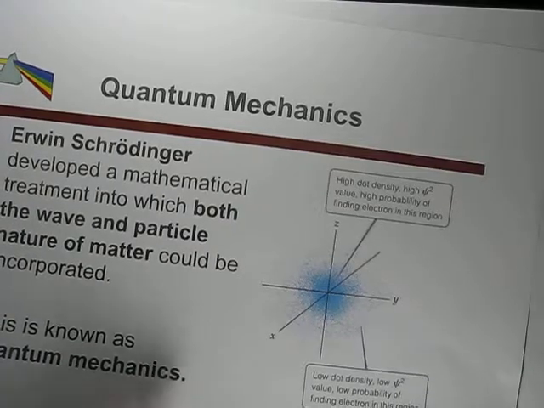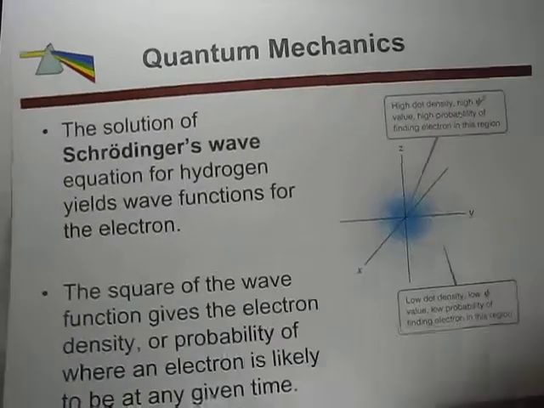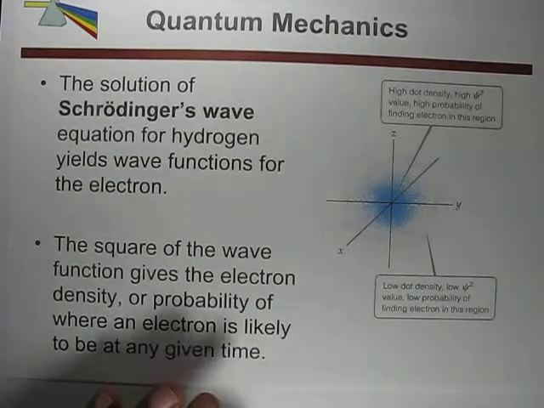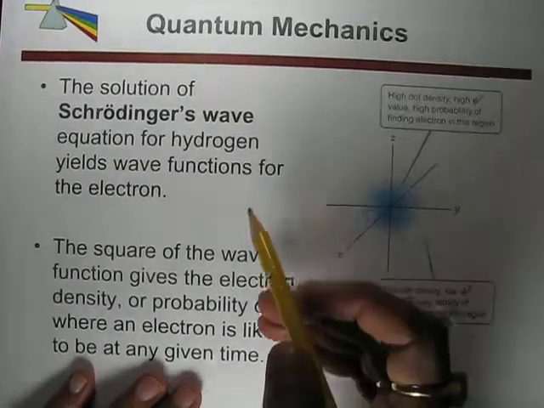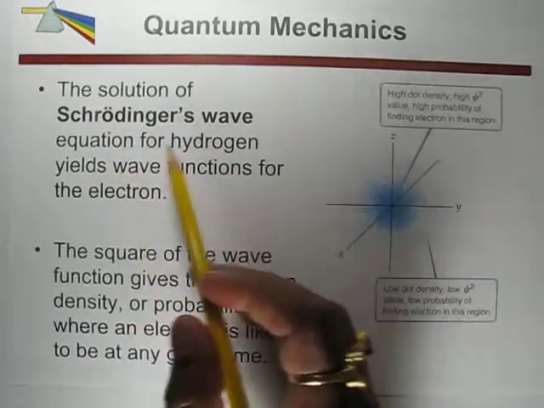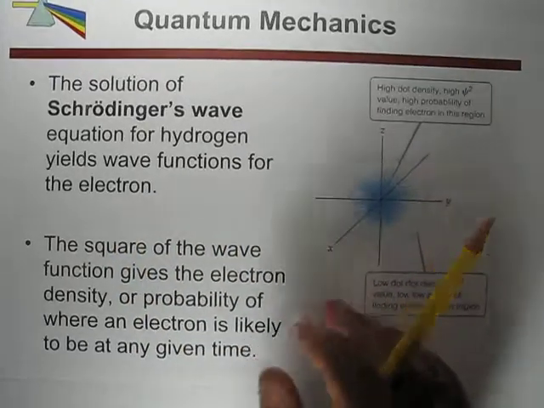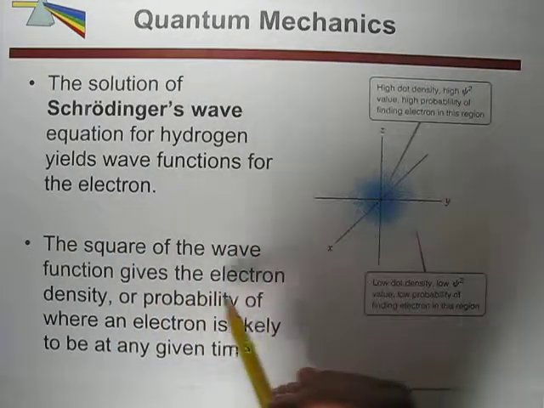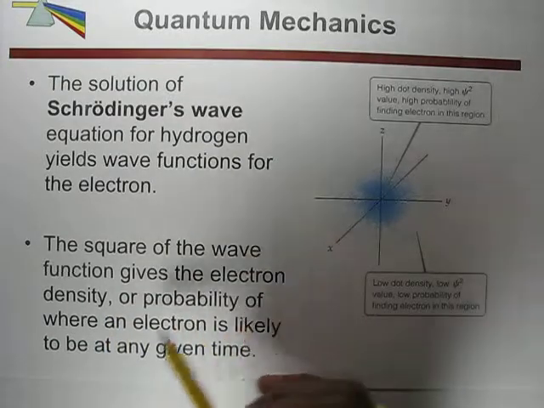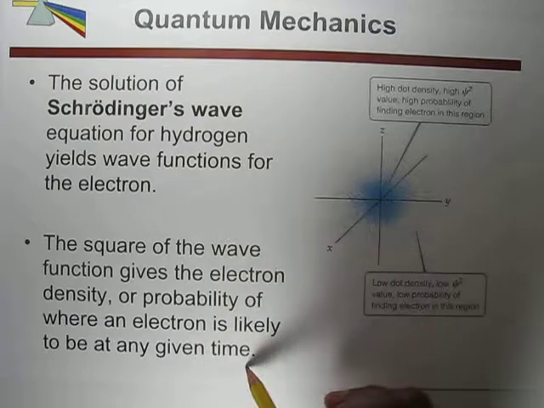According to quantum mechanics, the solution of the Schrödinger wave equation for hydrogen yields a wave function for the electron. The square of the wave function gives the electron density, or the probability of where an electron is likely to be at any given time.